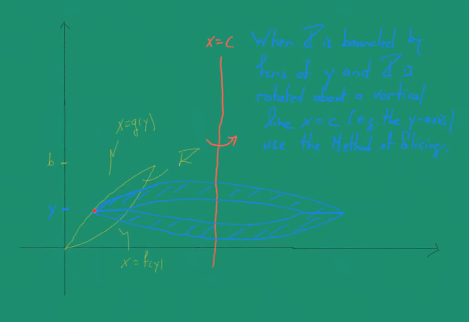That's because R was described in terms of functions of y. Similarly, I'm going to need to know what this radius here is. And it's going to be the distance from x equal to c to whatever this x value right here is, and I know what that is. This is x equal to f of y. All right? So the distance from here to here would be c minus f of y, and the distance from here to here, this large radius, would be c minus g of y.